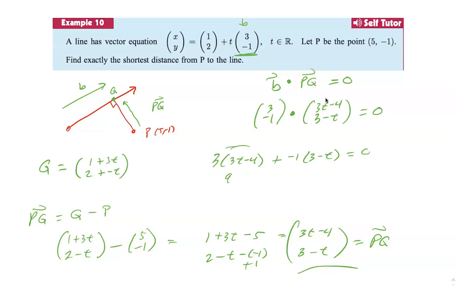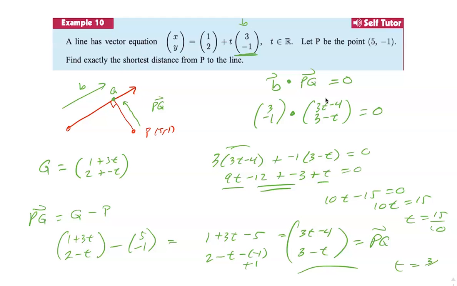So I get 9t minus 12 plus negative 3 plus t equals 0. Add like terms. So I get 10t minus 15 equals 0. So 10t equals 15. So t equals 15 over 10, or if you prefer, 3/2.